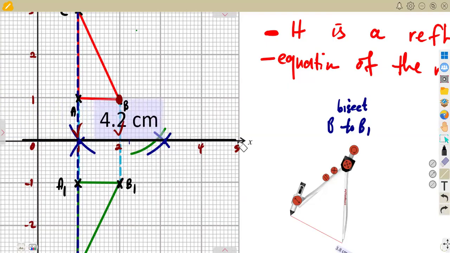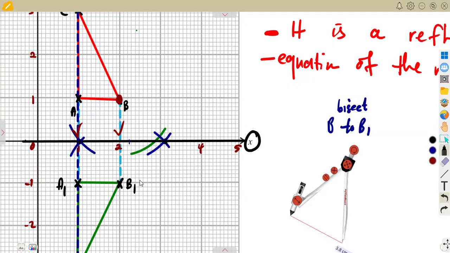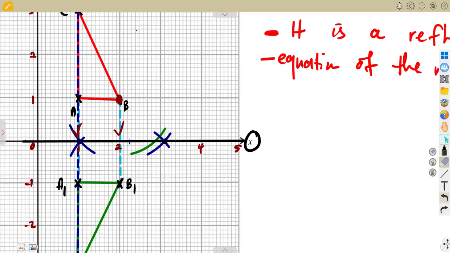The line passes through the x-axis as we draw our line bisector. It passes exactly through as we join this point to this point using the line. It's the x-axis. So that is the equation of the mirror line. This is our mirror line.